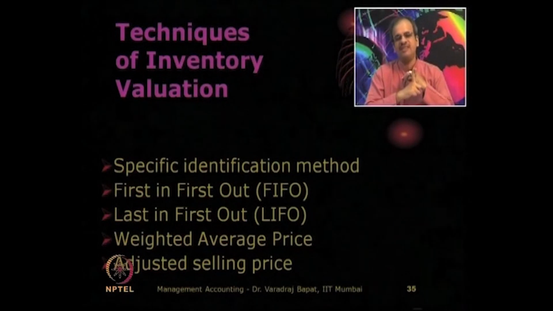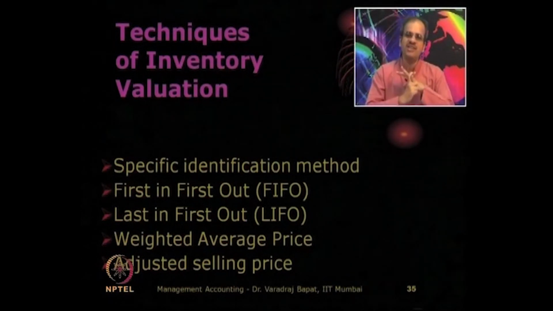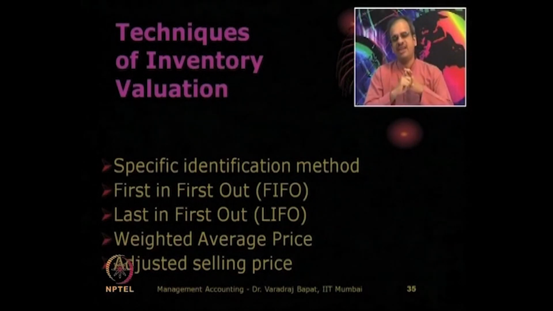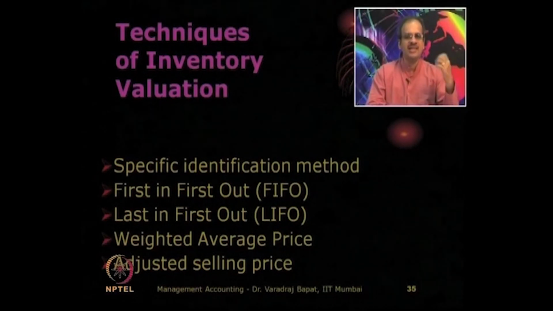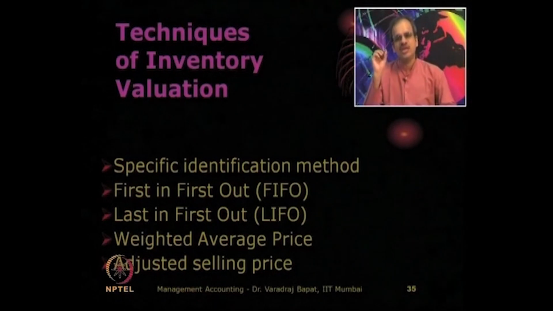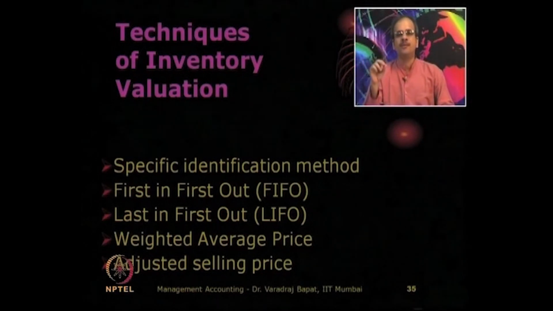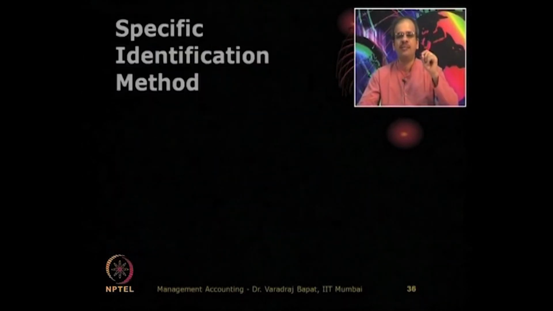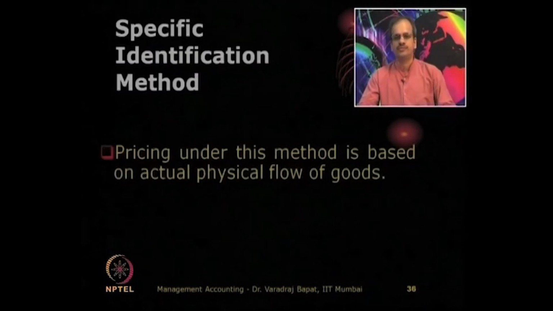One is the specific identification method, then first in first out or FIFO, last in first out, weighted average price, adjusted selling price and so on. In the specific identification method, you exactly know which item has gone out.